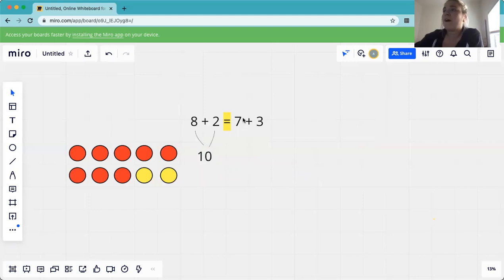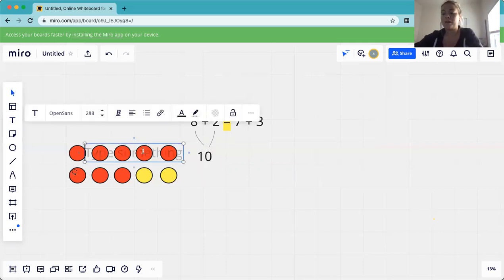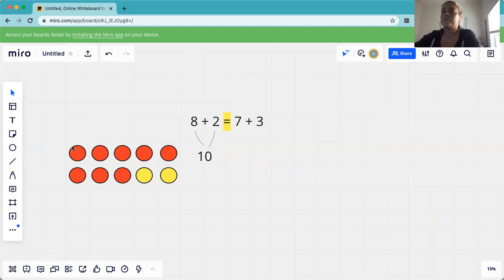Now I need to figure out, on the other side of my equal sign, what 7 plus 3 equals. Again, I'm going to use my red counters to help me. The red is going to represent my 7. So 3, 4, 5, 6, 7.